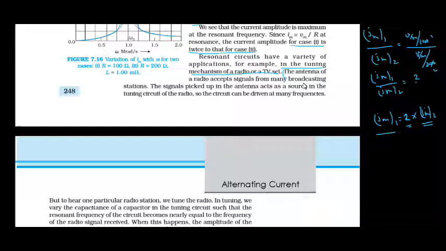That aerial catches frequency from many radio stations, but the user needs to hear only one radio station. What the user does is tune the radio, and while tuning, the frequency becomes the same as the frequency of the radio station.